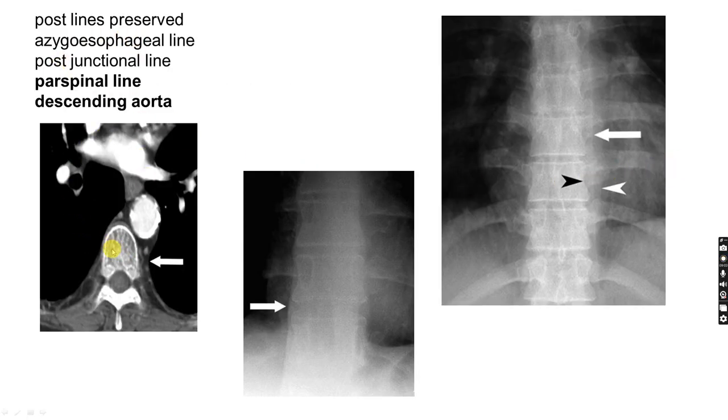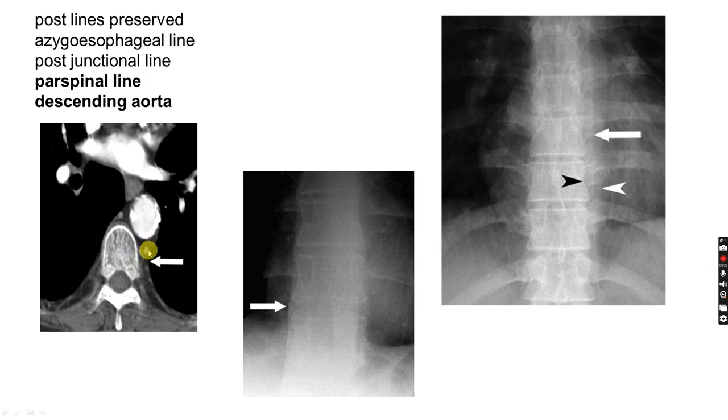Then posterior lines. We will see the CT image. This is the vertebra. This is the right lateral border, left lateral border of the vertebra. Then these are the pleural reflections, and on the left side you can see the pleural reflection is far away from the lateral border of this vertebra.